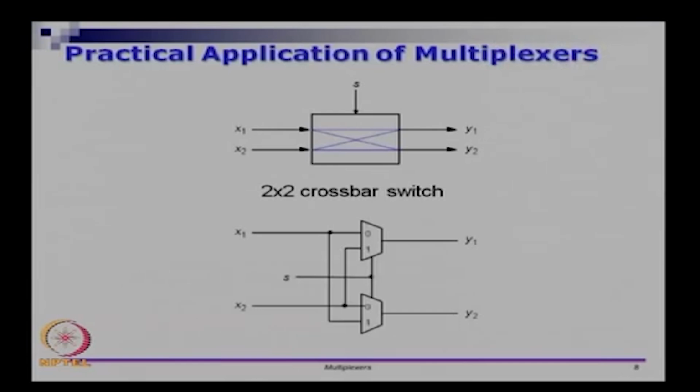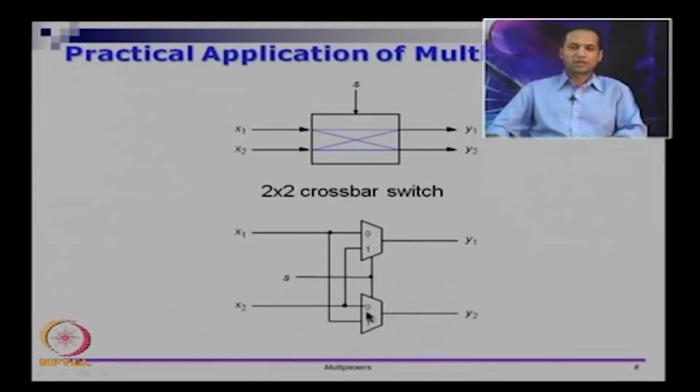The internal implementation of a crossbar switch is as follows. You use 2 muxes, a mux on the top and a mux in the bottom, and it takes one external line called the control line, which is select, and there are 2 inputs x1 and x2. Let us look at what happens when S is 0.